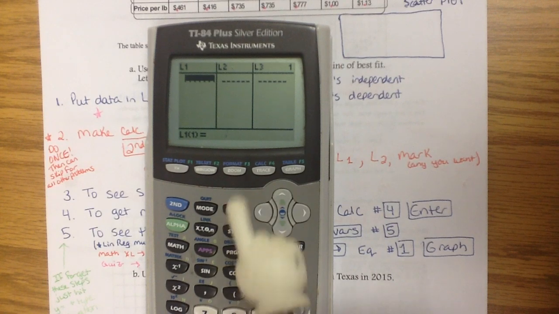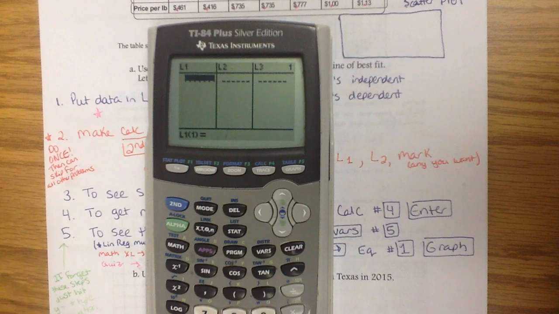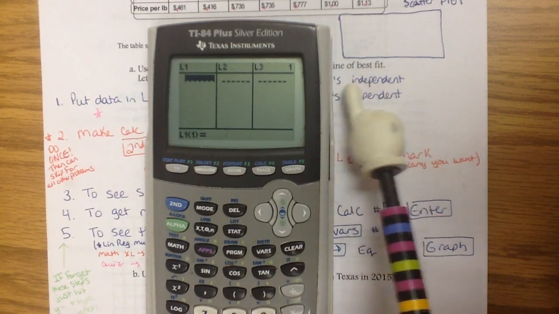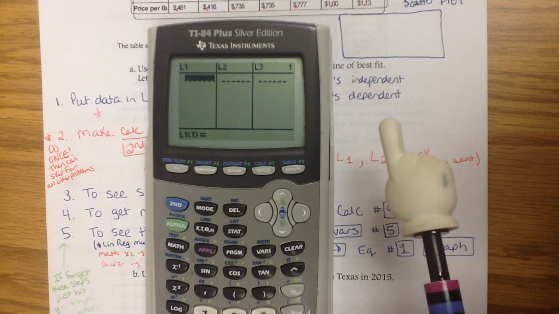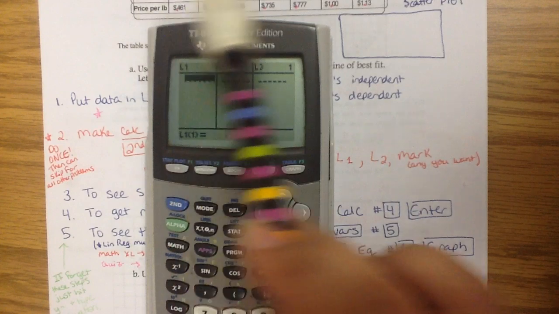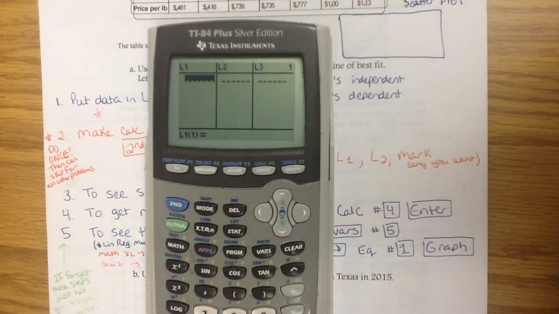So we are in our list and we are going to enter our data. It says, I've covered it up, but it says our x's are independent variables, so they are what we can either select or what has already been given to us. So it is the year.